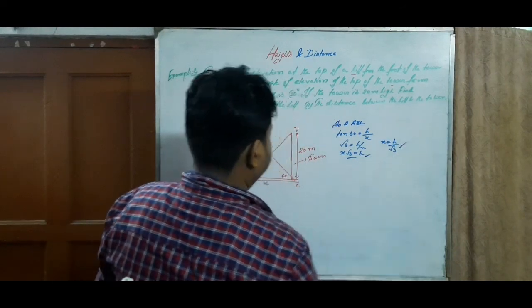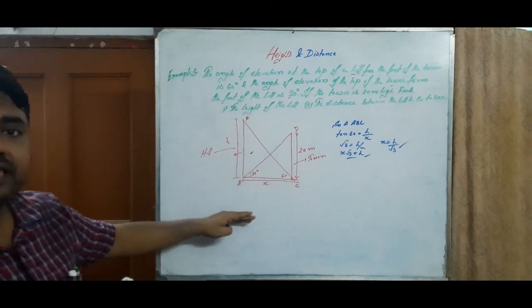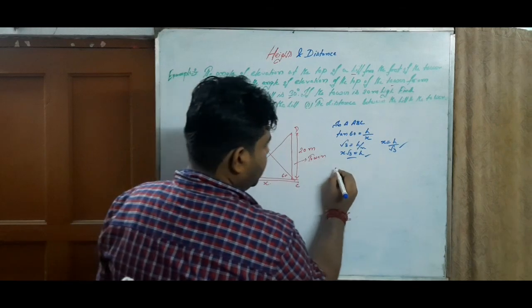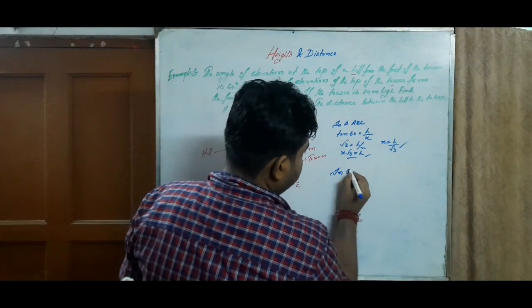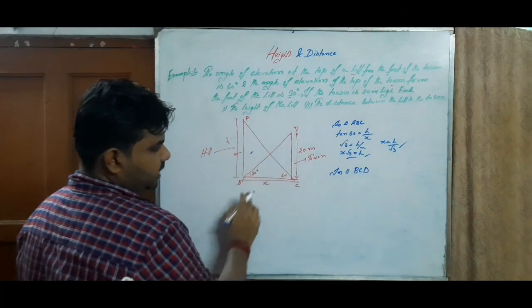Both are correct. Now in the second triangle, that is in triangle BCD, the smaller triangle.